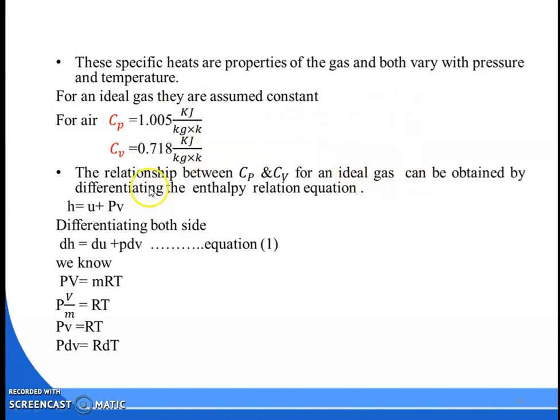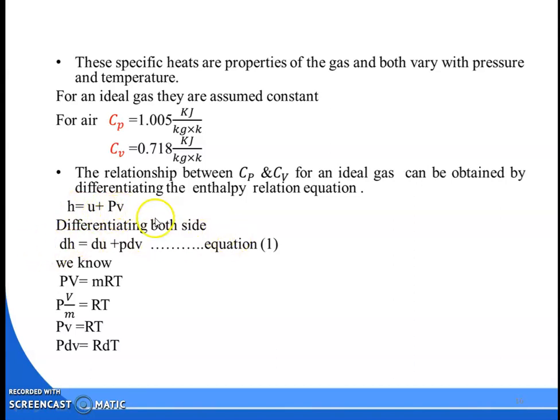Okay. Next, we will discuss the relationship between Cp and Cv. For an ideal gas, that can be obtained by differentiating the enthalpy relation. What is enthalpy? Specific enthalpy is equal to specific internal energy plus P into specific volume. So h is equal to u plus Pv.